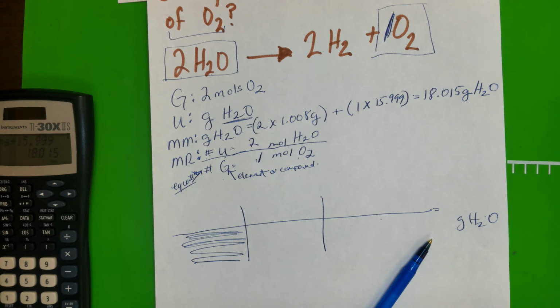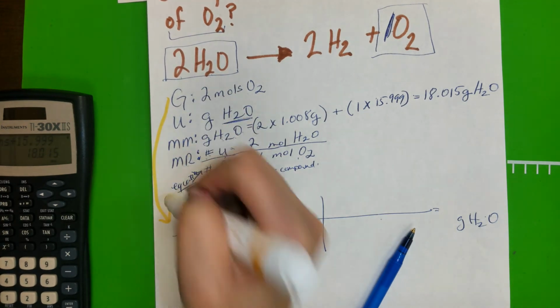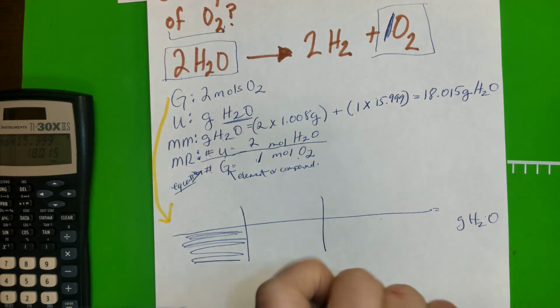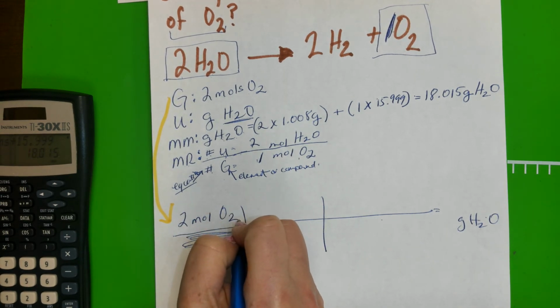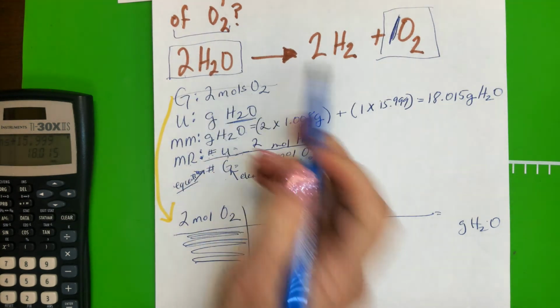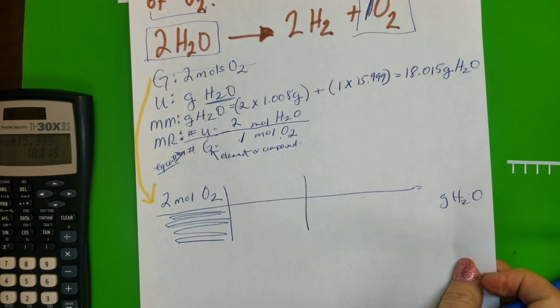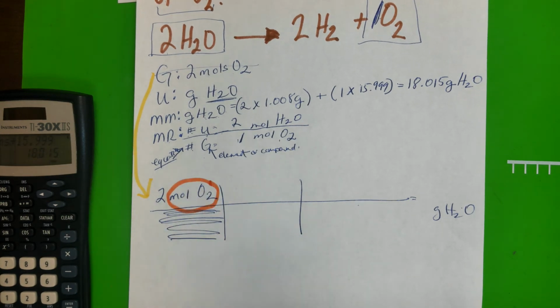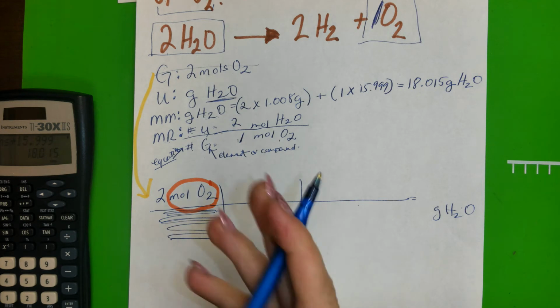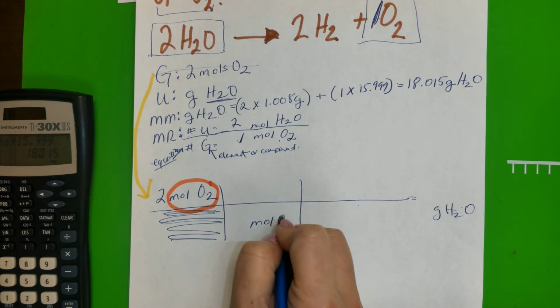The given is always first, so that means it's 2 moles of O2. You're done with given. Keep in mind that this is moles of O2.